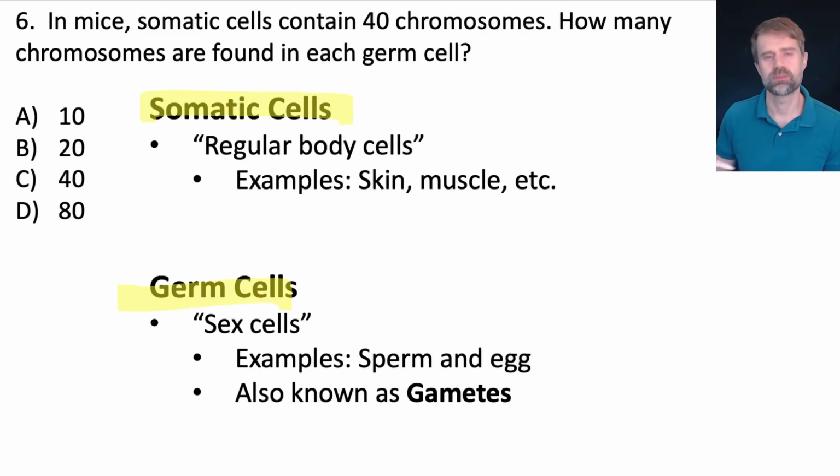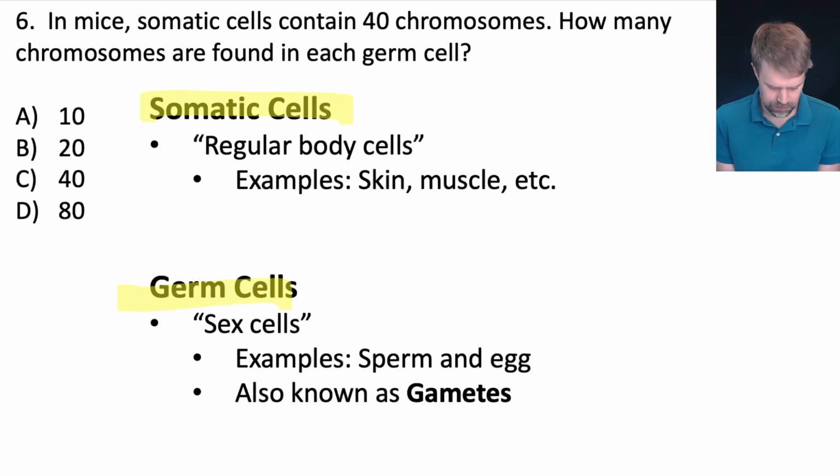The germ cells are what we might call sex cells. These are the cells you need for making a baby. Sperm in men, an egg in women. Germ cells, or sex cells, are also known as gametes.